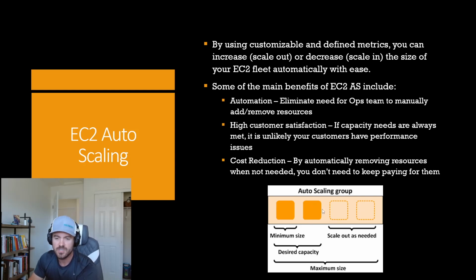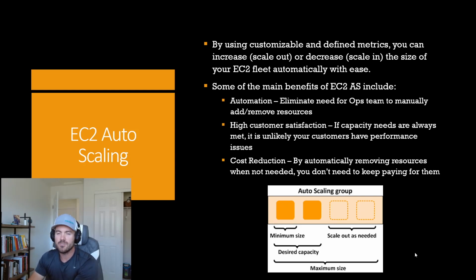So in this case, we're saying, okay, we would like to have 2 instances in our fleet here. That's kind of the ideal scenario for most of our traffic, most of our workloads. But no matter what, we need to have at least 1 instance. All right. So at the very least, we want 1 instance. All right. That's our minimum.